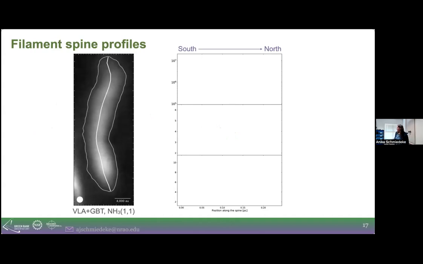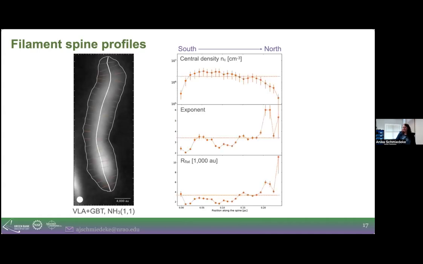When you follow this spine from the south to the north, you look at three different parameters: the central density, the exponent, and the flattening radius. These are the parameters that define the Plummer profile. You go from the south to the north, add one point after the other, and you get these spine profiles.